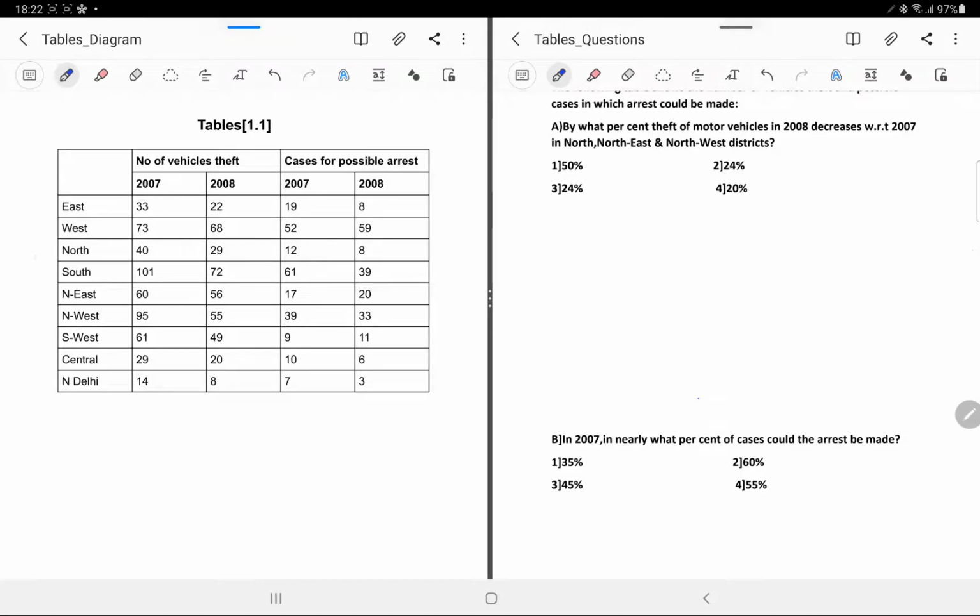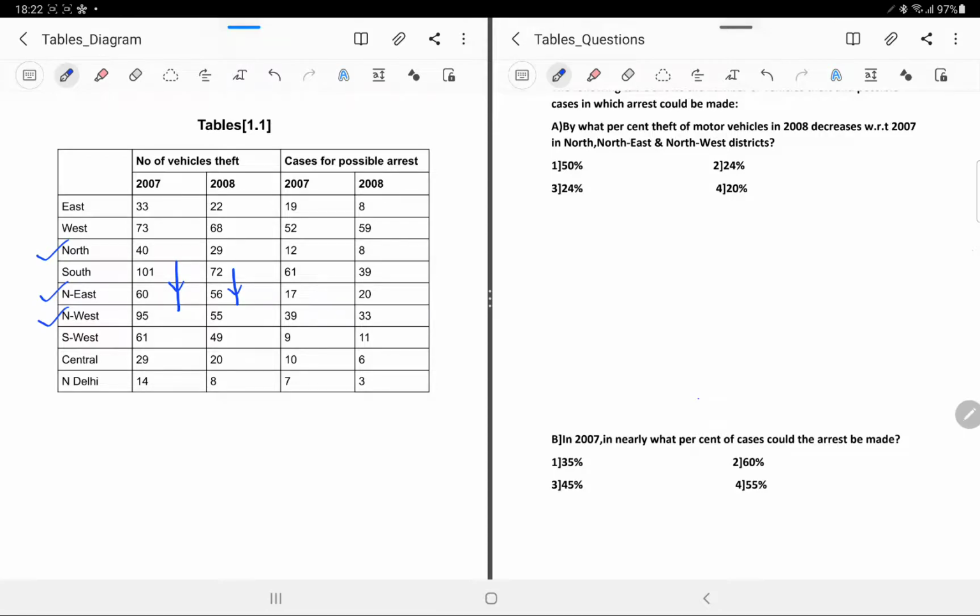So they are talking about this column, decreases with respect to 2007, so they are talking about these two columns.